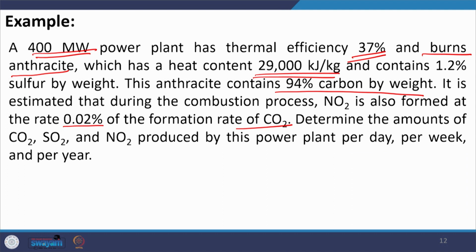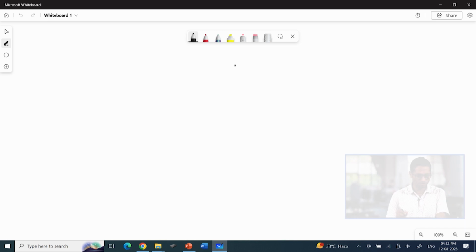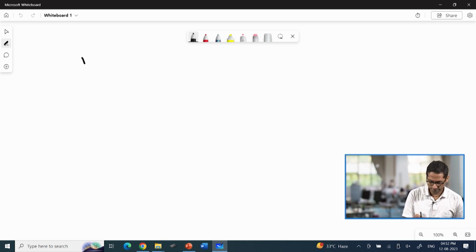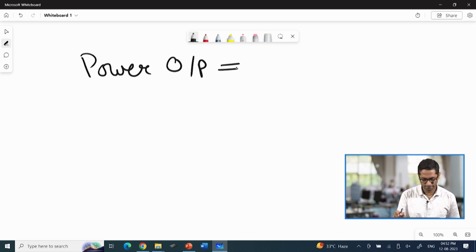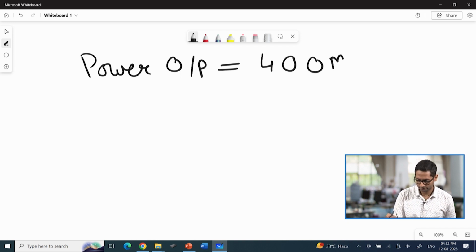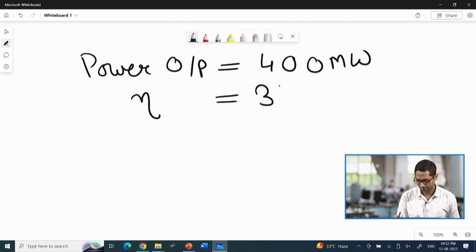So, let us go towards the whiteboard and let us try to understand this calculation. So, if I talk about the power output from the power plant, this is roughly 400 megawatt. I know the efficiency of the power plant is roughly 37%.